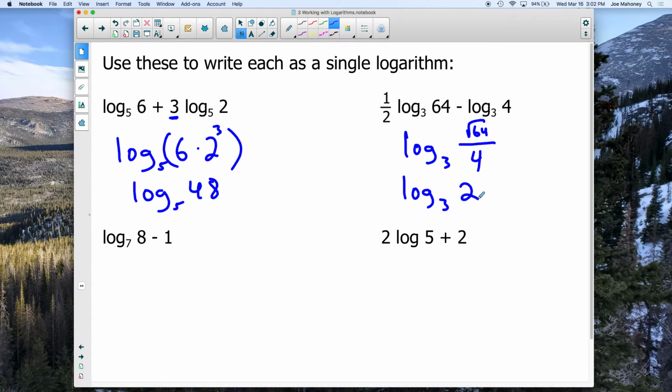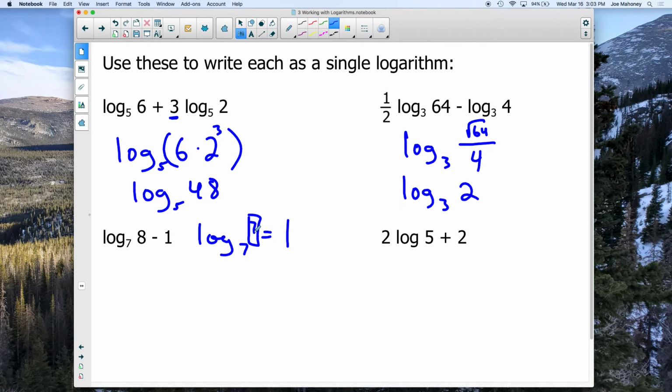What's going on with this bottom left one? Yikes, what do I do with that 1? Well, I know that the log is an exponent, right? So if I want base 7, what number can I put in here to give me 1? Yeah, it's got to be 7.